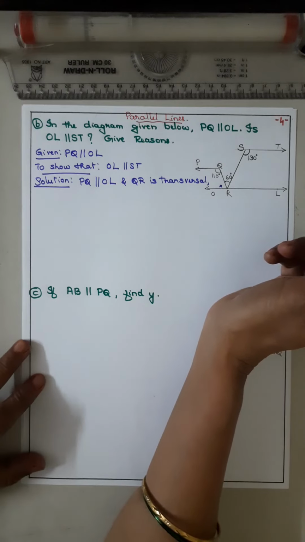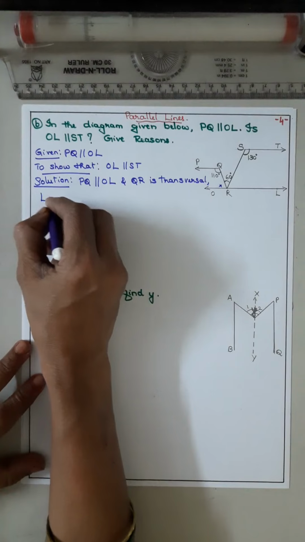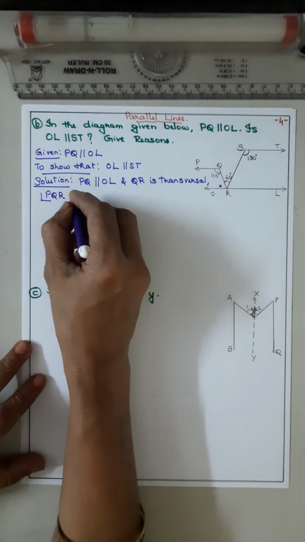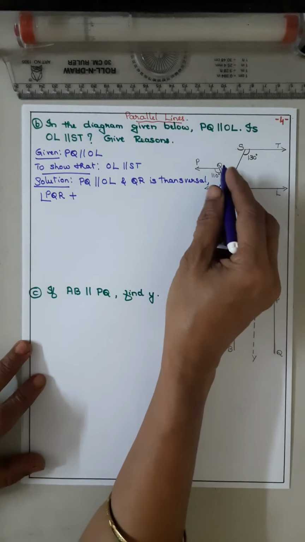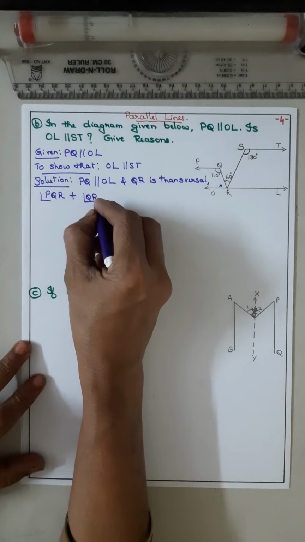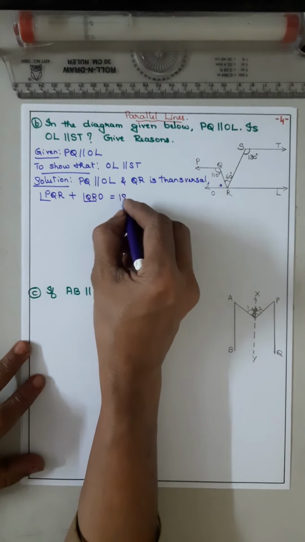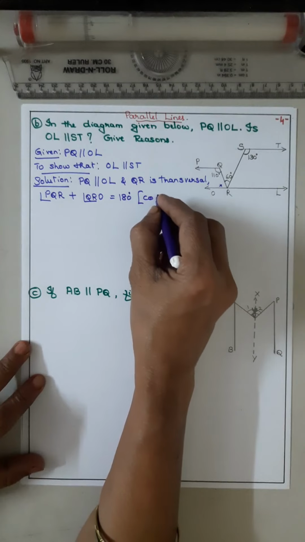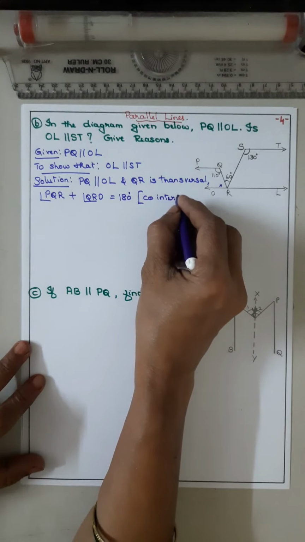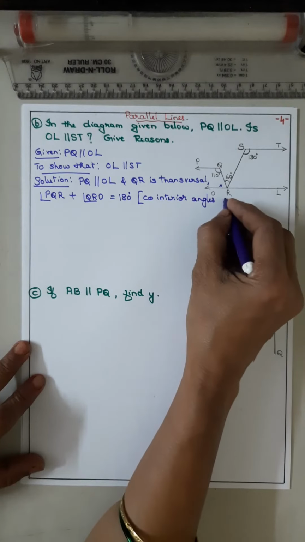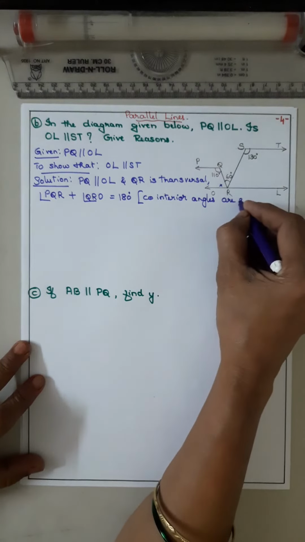So, angle PQR plus angle QRO should be equal to 180. What is the reason? Co-interior angles are supplementary.